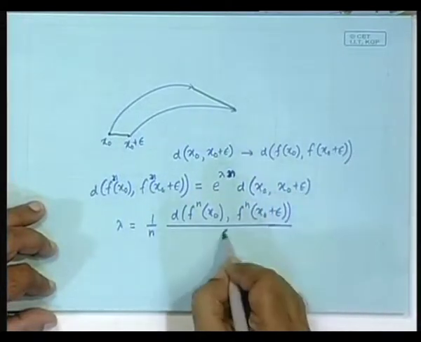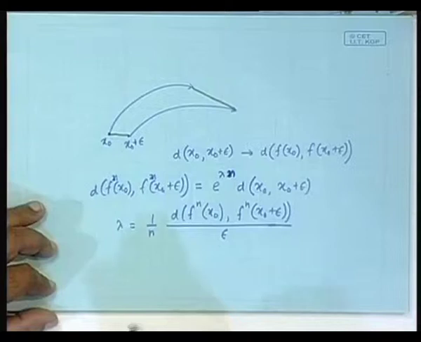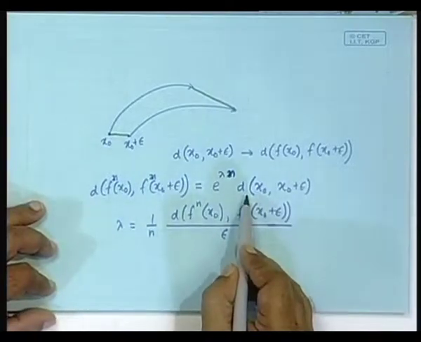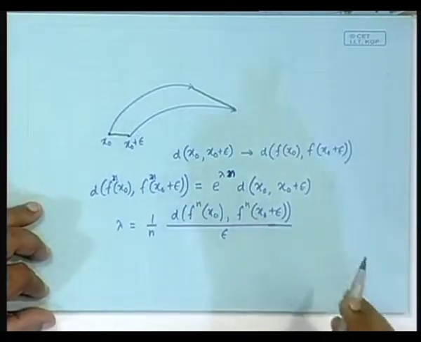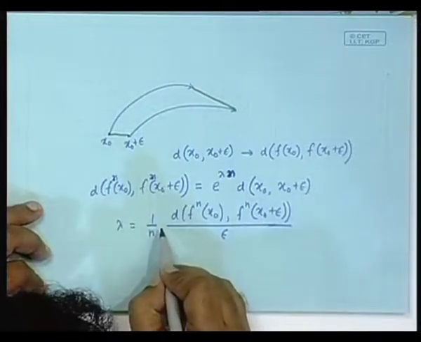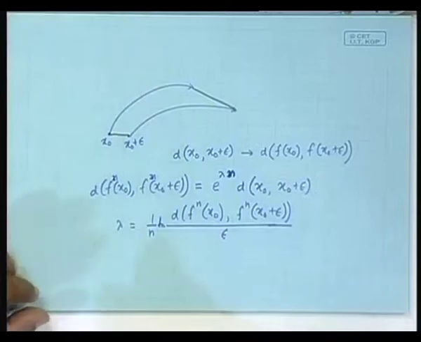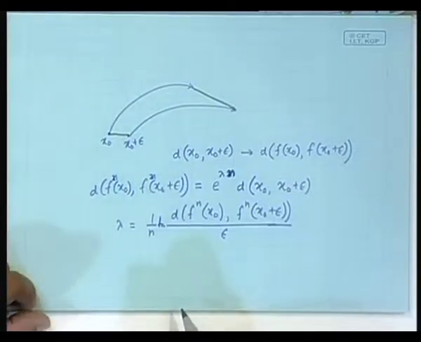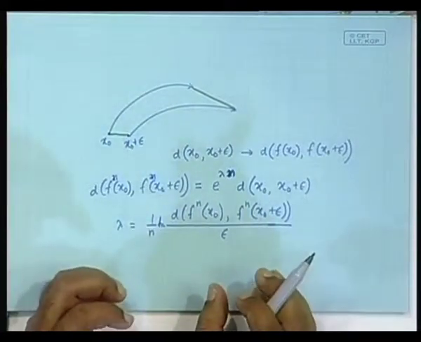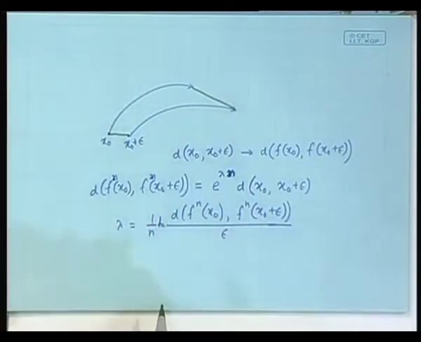This fellow is nothing but epsilon, the initial distance. So this would be the concept of the Lyapunov exponent.